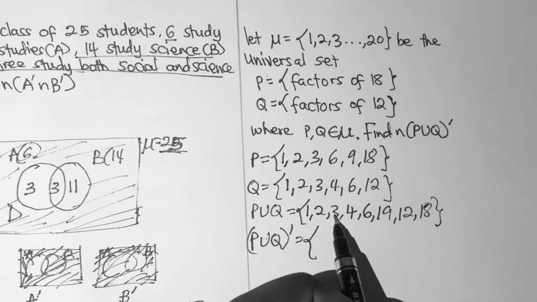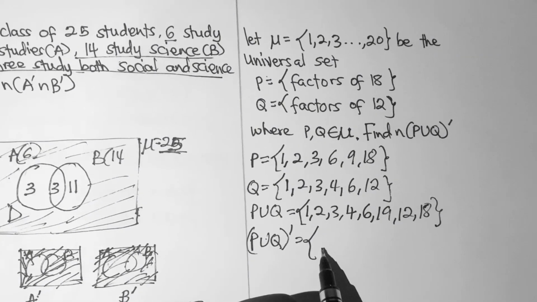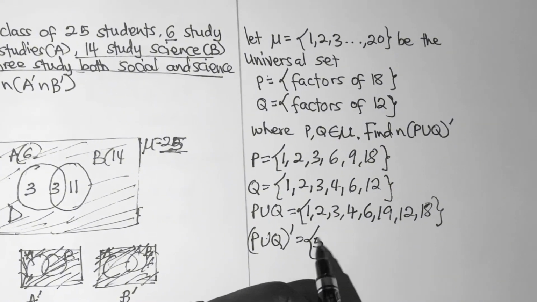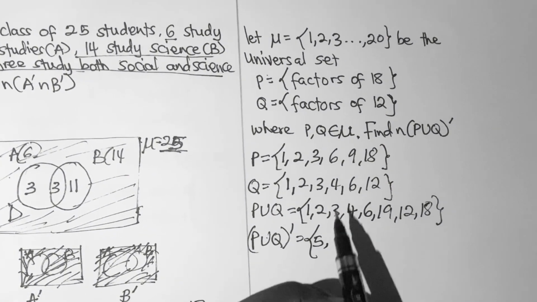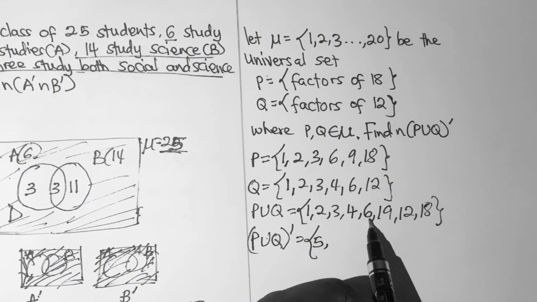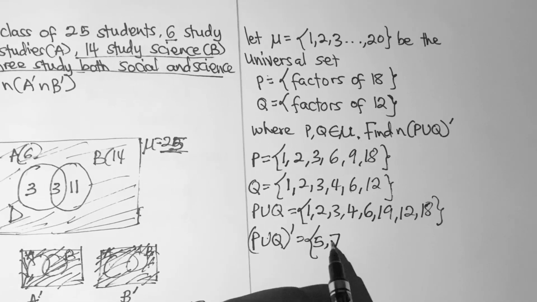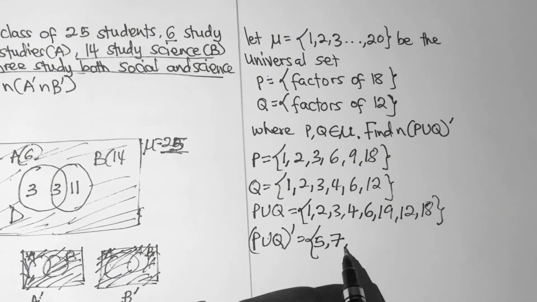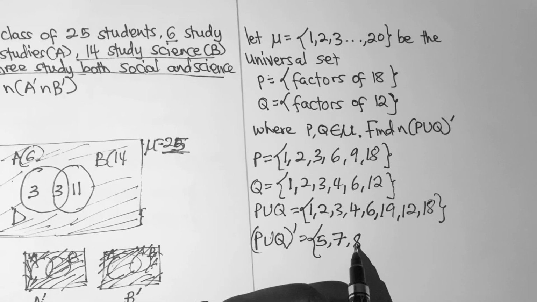So 1, 2, 3, 4. So 5 is one of them. And then 6, we have 6 here. So 7, it's not there. Then 8. 9 is there.